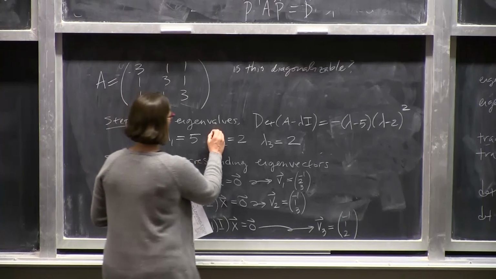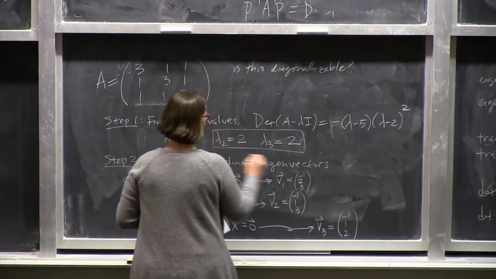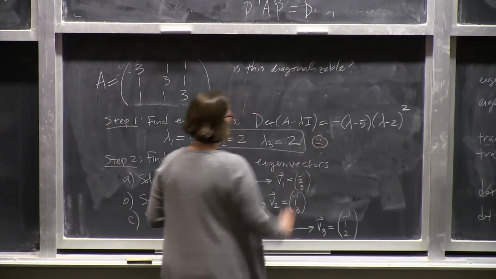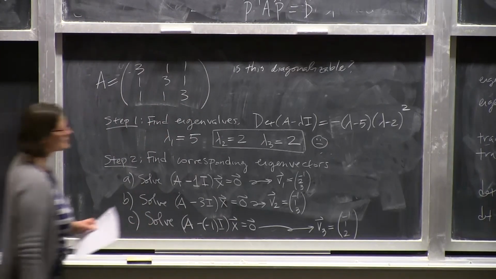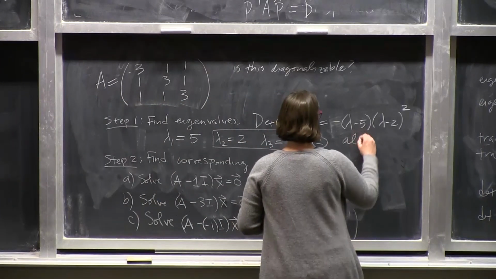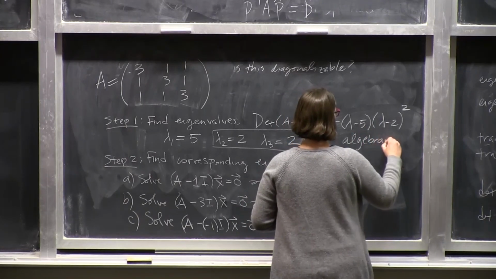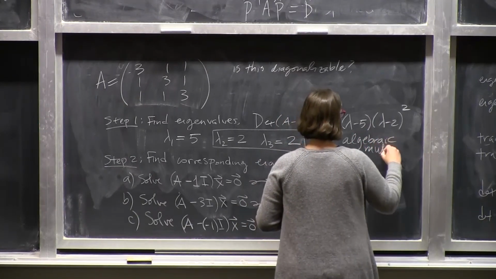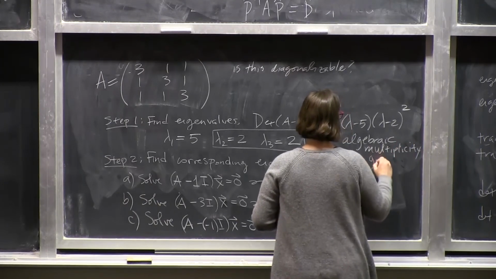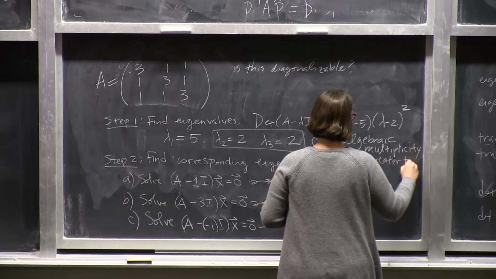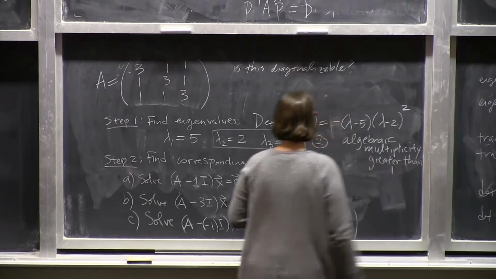And whenever you see this, you should begin to feel cautious. We have algebraic multiplicity greater than 1.